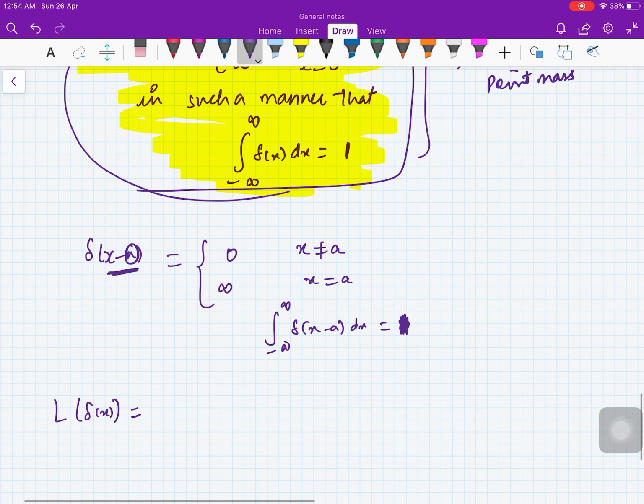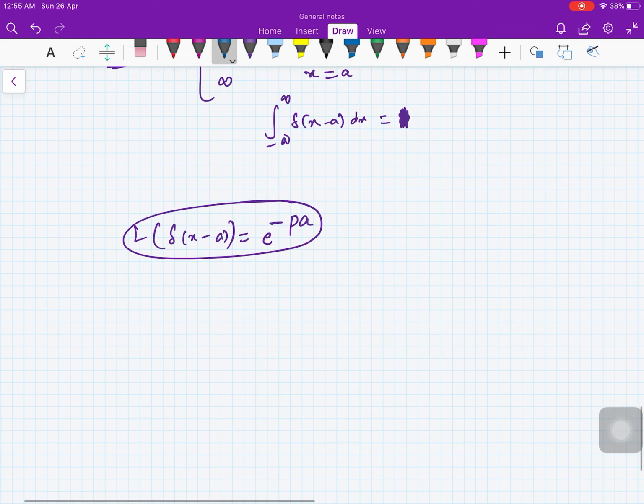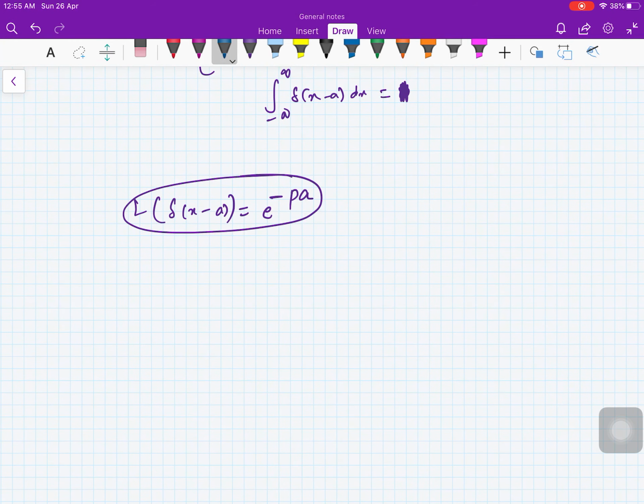Now I want to know the Laplace transform of delta of x minus a. It turns out that it is e raised to power minus pa.